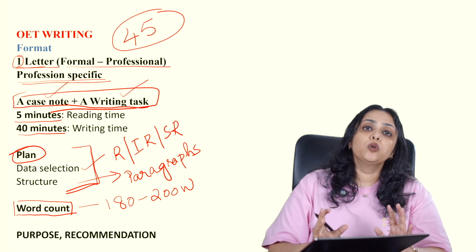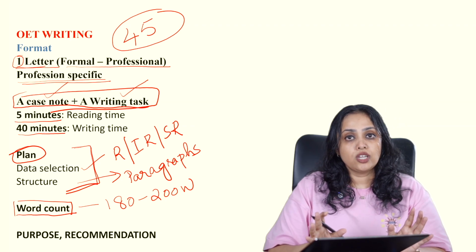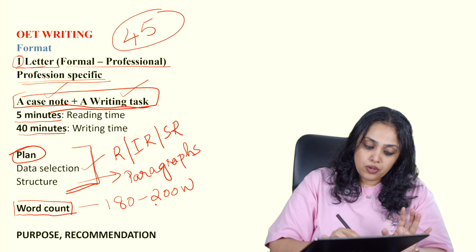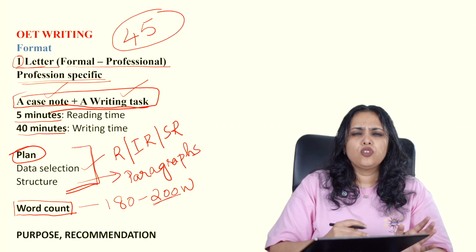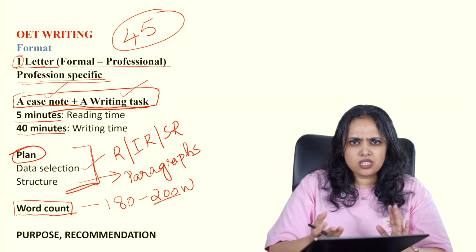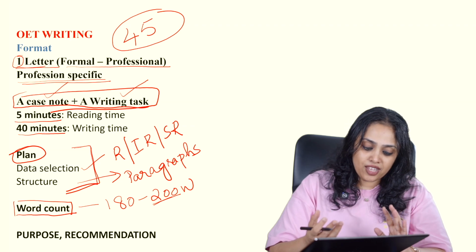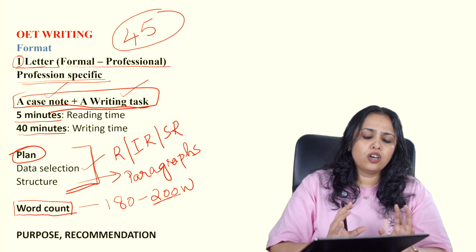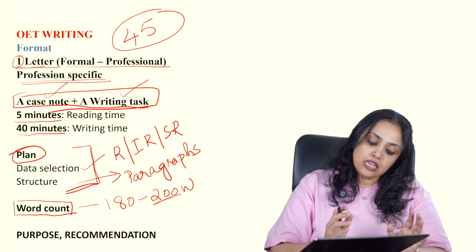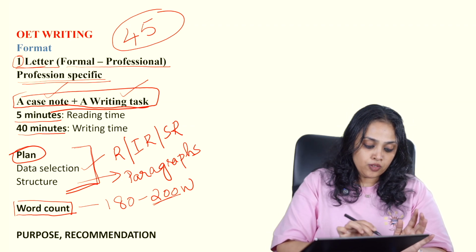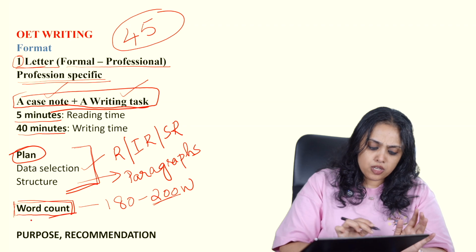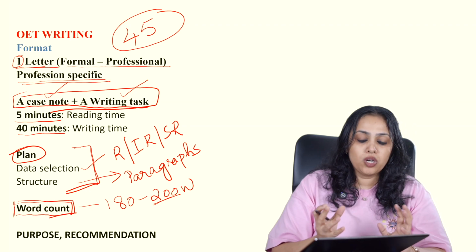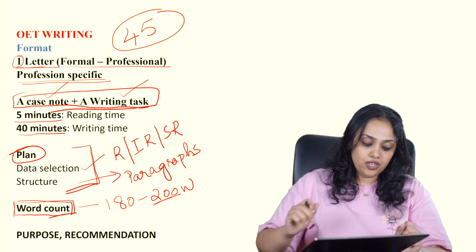If you have written up to 170 words but you have all the necessary content, then it's fine. And even when it comes to the upper limit, even if you have crossed 200 words, but not too many words more than 200, even if it is 210, but your letter is well summarized, then that is also not a problem. But if maximum possible, try to restrict your word count in that 180 to 200 range.